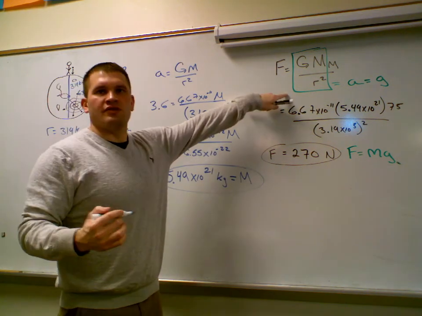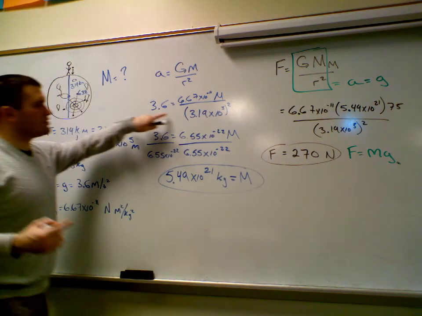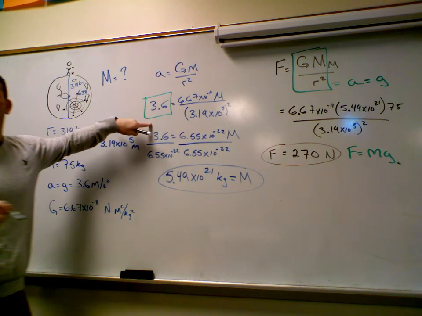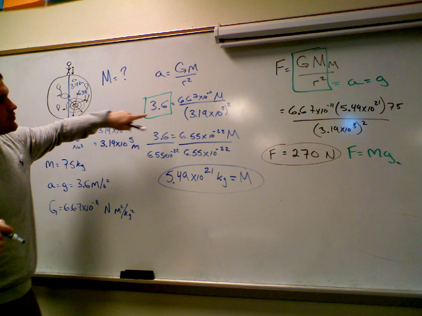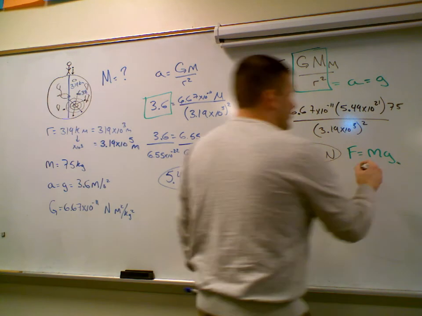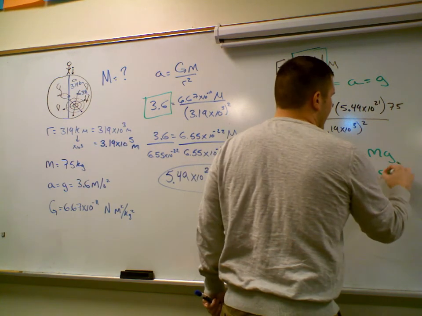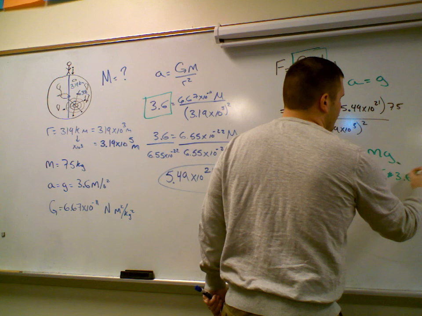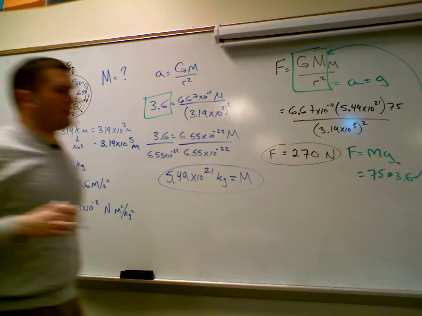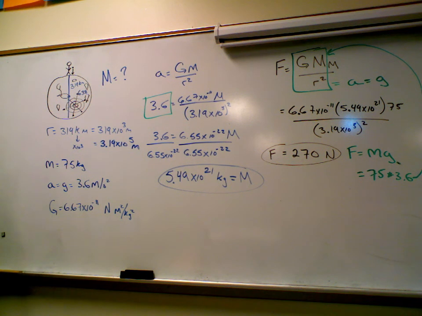This is g, which we learned earlier was 3.6. So yes, we can really just do 75 times 3.6, because 3.6 is those three things arranged in that order.